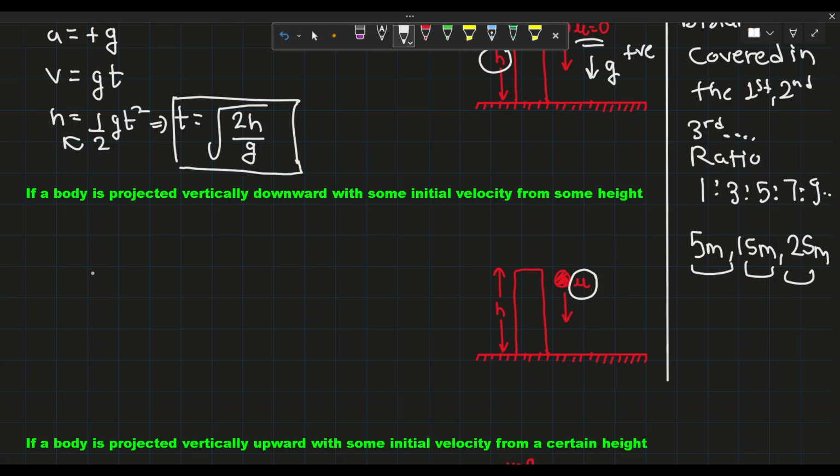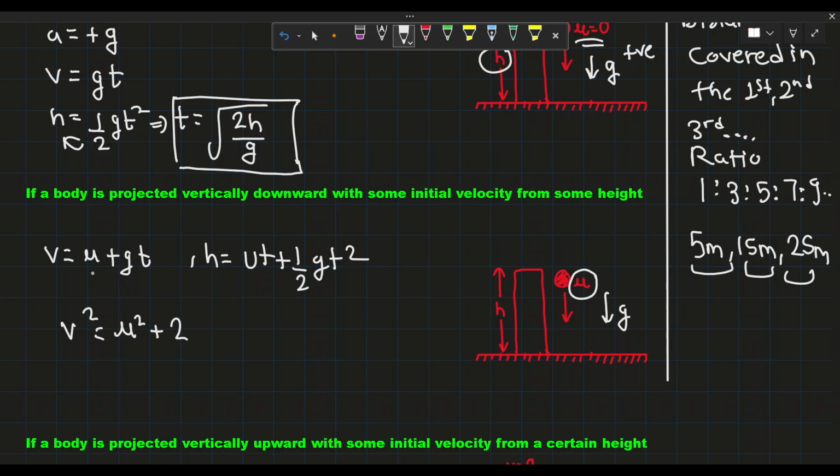So v would be equal to u plus gt. Acceleration would be positive as the direction of motion and acceleration due to gravity are the same. h would be equal to ut plus half gt square, and v square would be equal to u square plus 2gh.